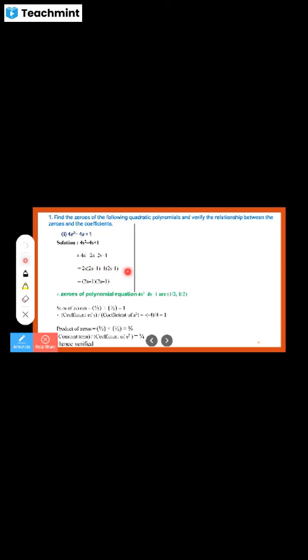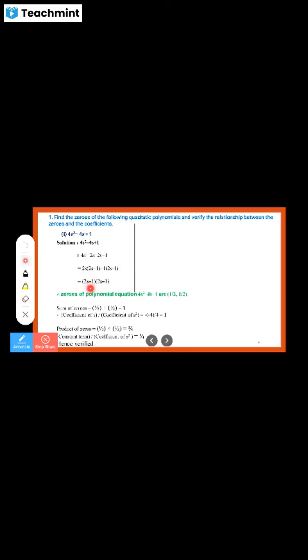So in both the groups, 2s minus 1 is taken common outside. So 2s minus 1 will remain in another bracket. So zeros of the polynomial are given by what? 1 by 2, 1 by 2.